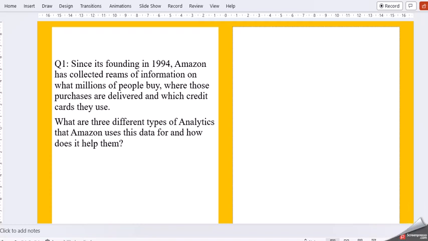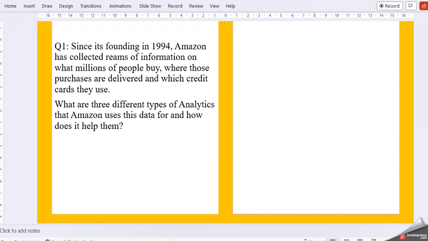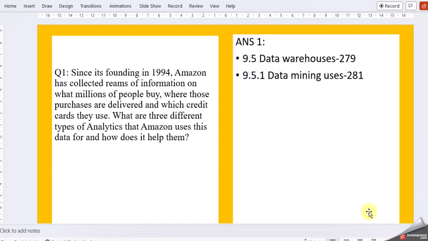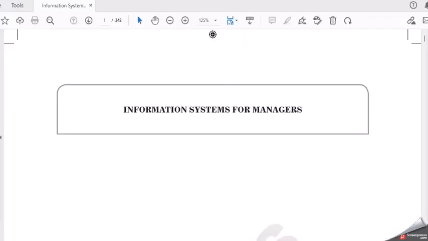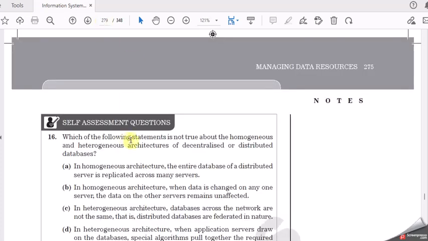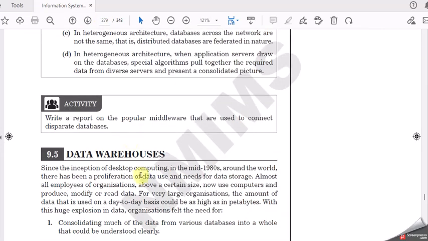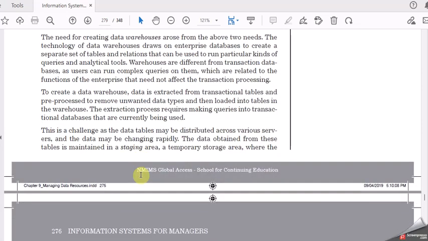So here, let us see how we can go about this. You can start in chapter 9, section 9.5, Data Warehouses, page 279.